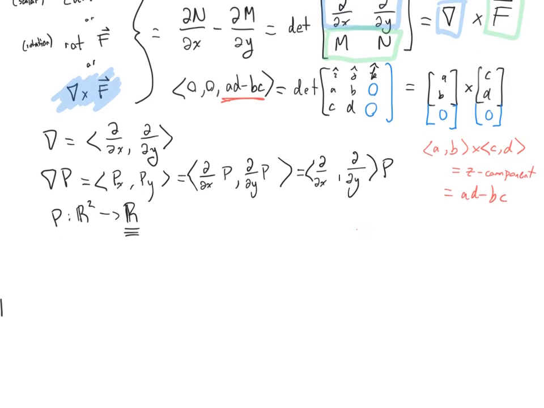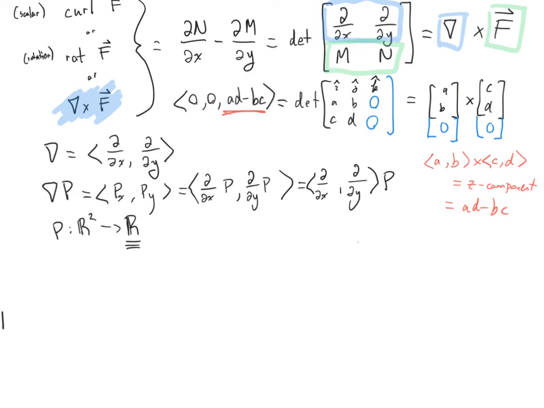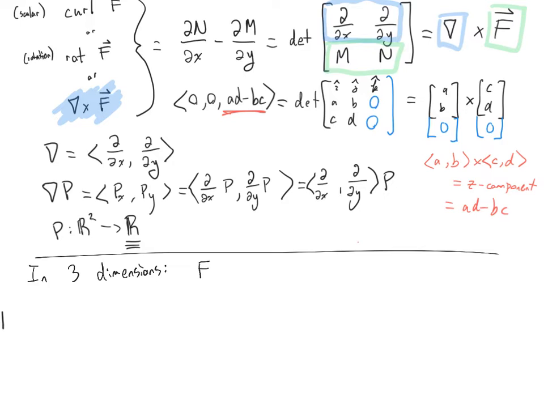So let's not scroll down too far. Let's keep it all in mind. So in 3 dimensions, the standard is to use F. To write F, it has to have 3 components now. So let's call them U, V, and W. I'm doing this to avoid using M, N, and O because O looks like a 0.